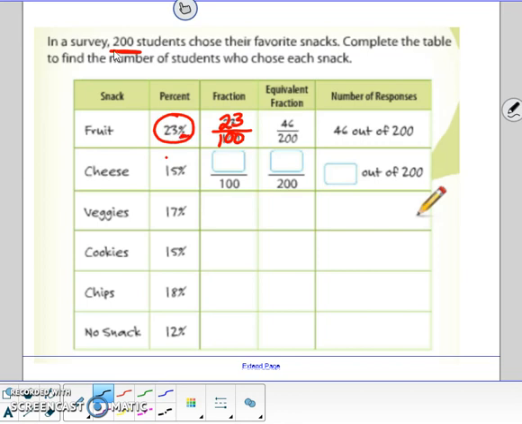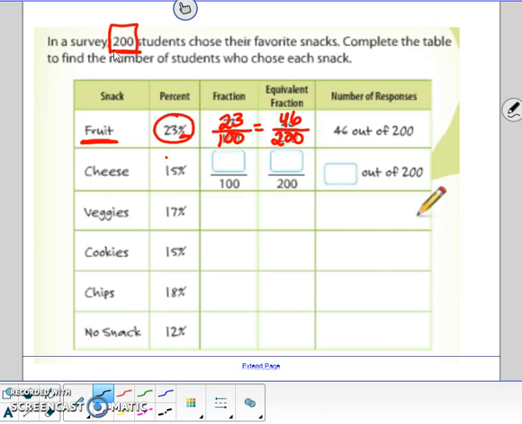In our problem, do we know the part or the whole? They gave us 200. Now you have to decide: is 200 the whole or the part? The part in this situation would be fruit, and the whole would be the total number of students. So 200 is the whole, and it goes on the bottom. We cross multiply and divide to figure out that 46 goes on the top there.